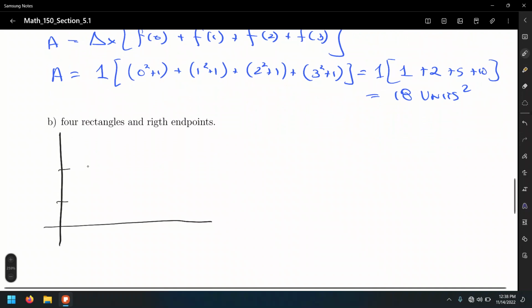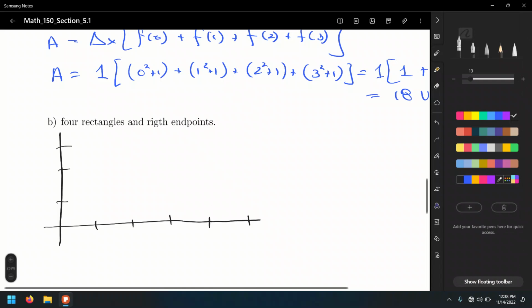So that's 1, 2, 3, 4, 5. Okay, so I just need 4. So in this case, graphing the function like this, and we're going to use right endpoints this time.